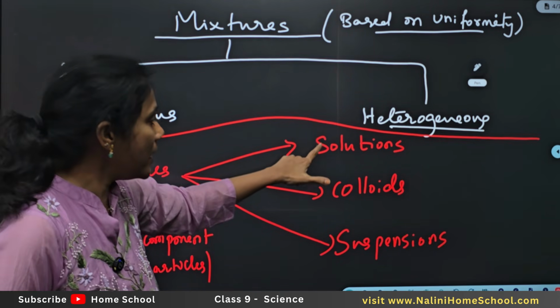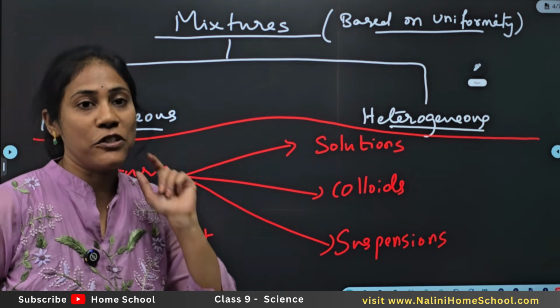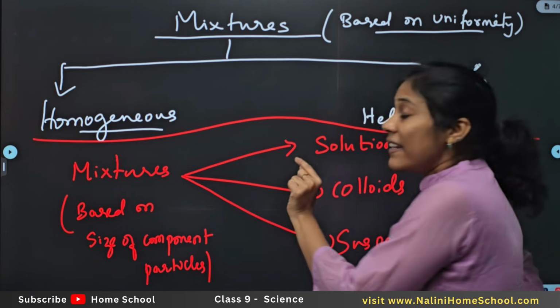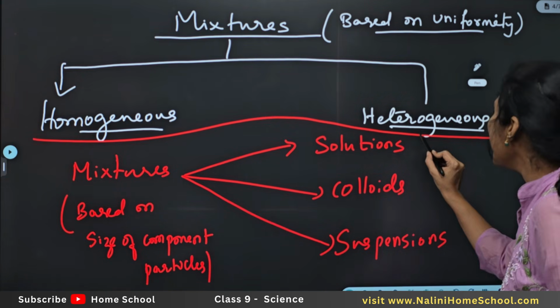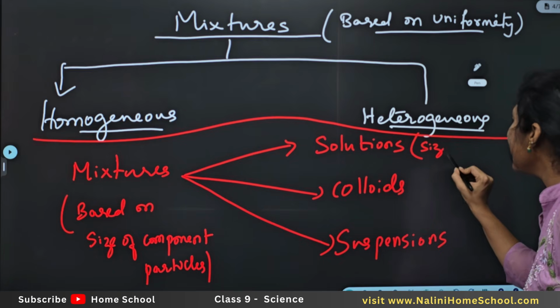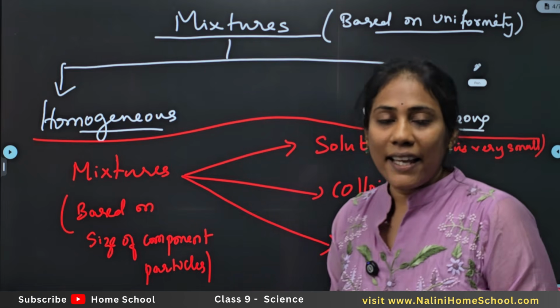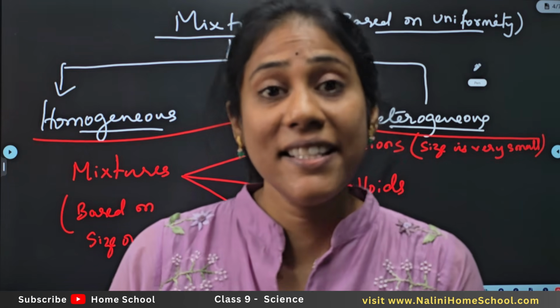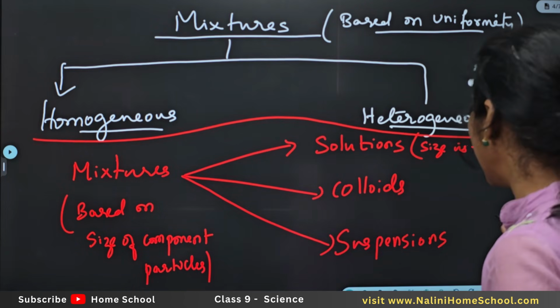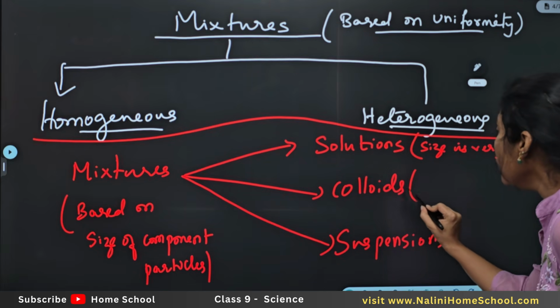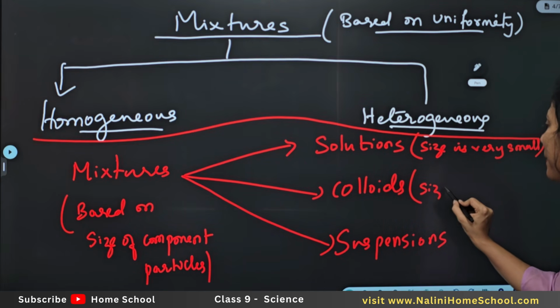It is solutions, colloids and suspensions. So in solutions, the particle size is very, very small. Whatever the particles that are there in the mixture, their size is very, very small, guys. And in colloids, the size is intermediate.